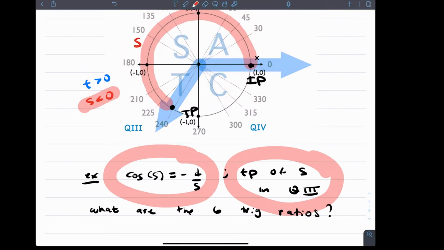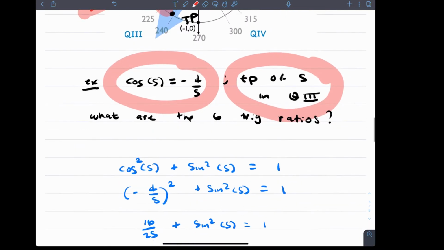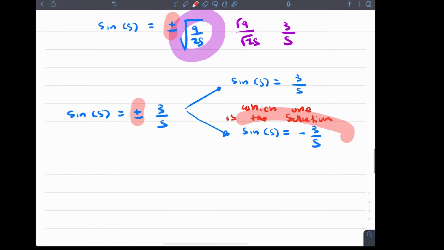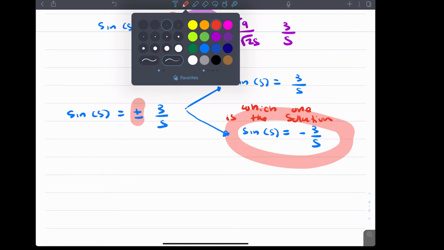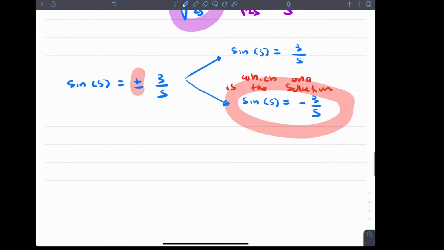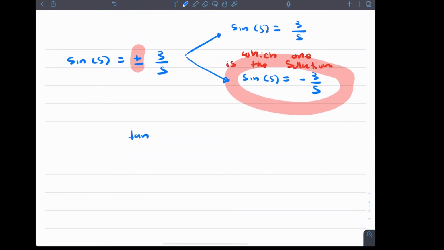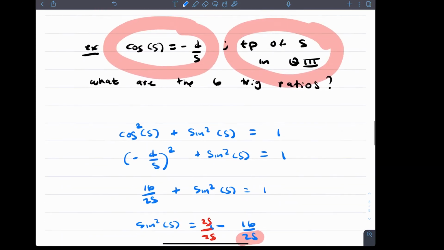Let me get my... There's your solution for sine. Okay, you guys okay with that? Now, can you get tangent? Sure. You might say tangent is sine over cosine, which means negative 3/5 divided by, what was cosine that they gave us?